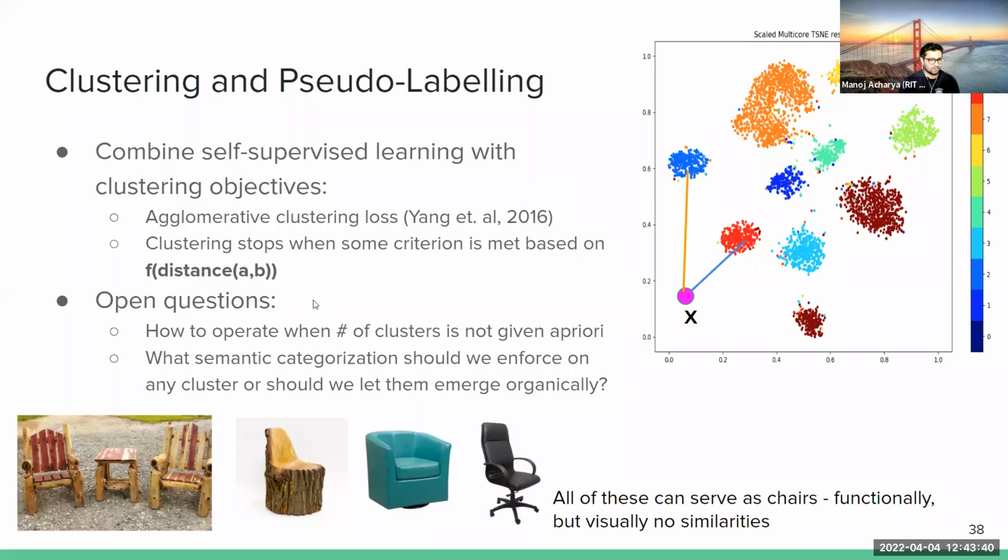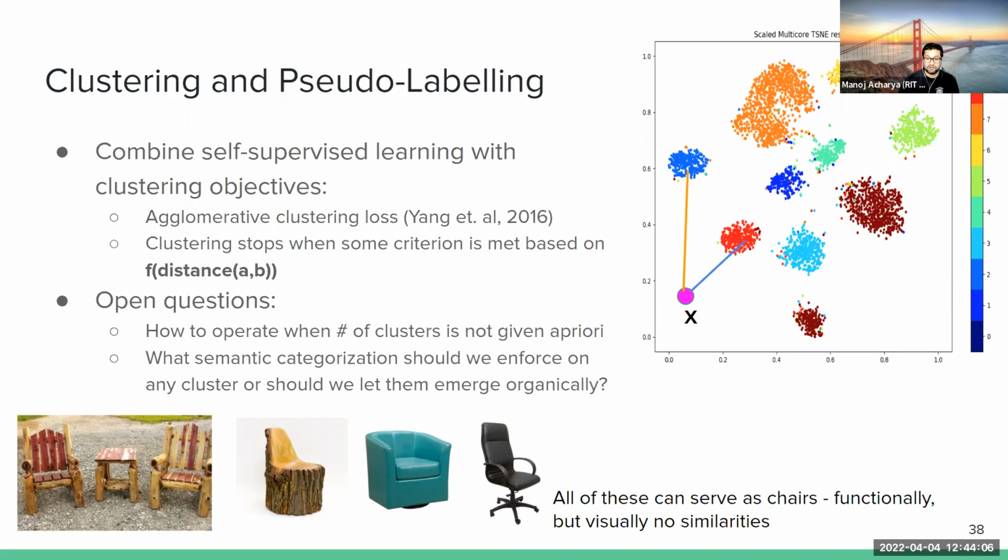However, there are still open questions for this. For example, how do you operate when the number of clusters is not given a priori, right? So you have no idea of how many clusters should be formed in that dataset when you're learning incrementally. The next question is, what sort of semantic categorization should we enforce on any clusters, right?